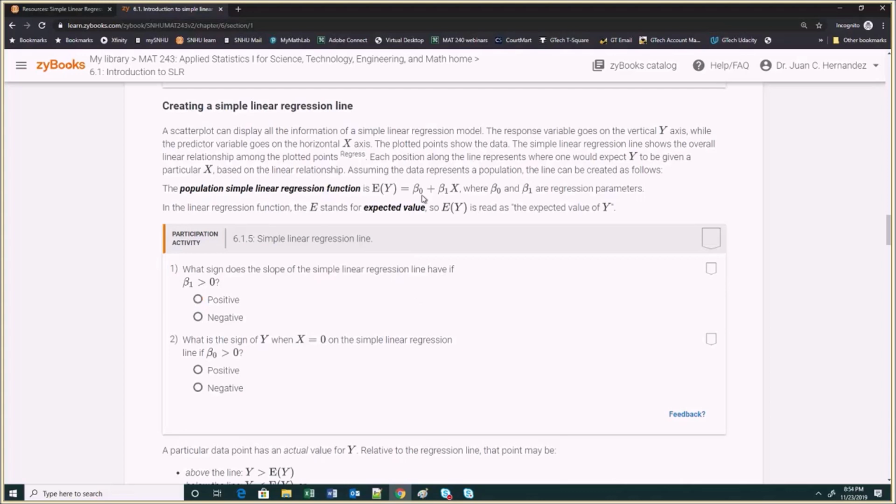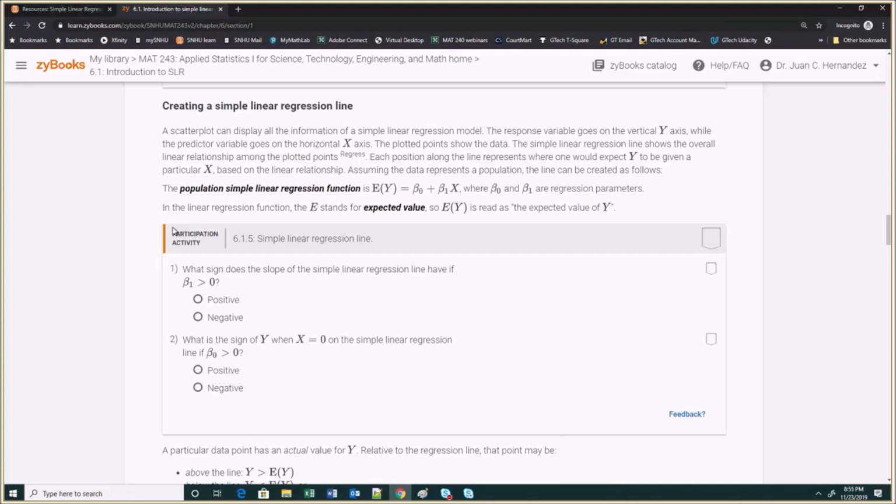Professor Wan, we can see that this is the simple linear regression function, but this also reminds us of another equation that a lot of students have probably seen before, and that equation is the equation of a straight line. In this case, b sub 0 represents the y-intercept. That would be where the straight line crosses the y-axis. So that particular value, the y-intercept in this equation, is represented as b sub 0.